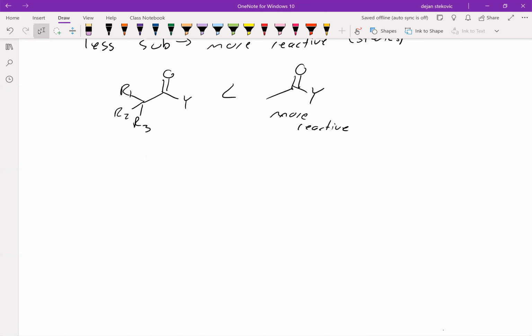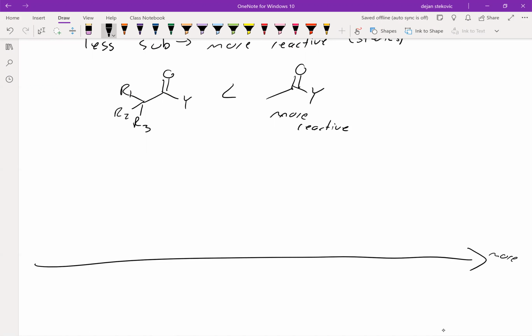And then, of course, what your Y group is also very important in terms of the reactivity. So we'll go from left to right, where right is going to be more reactive. And our most reactive group is going to be our acid halide. So that's why they're really cool. Overall, the chlorine is pretty electronegative, and it's a very good leaving group. So that's what makes it more reactive.